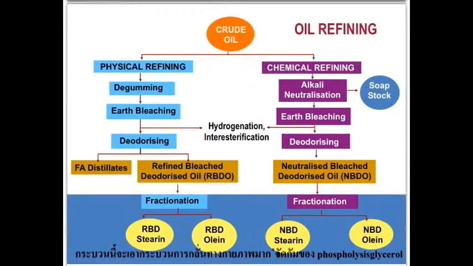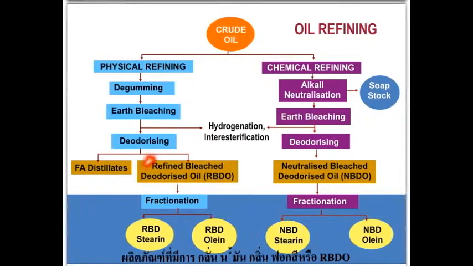So in physical refining, we need a step called degumming to remove the gums, the phosphoacylglycerol or phosphatides. Then the next step is the bleaching process to remove the pigment, and deodorization process. This is the high temperature steam distillation to remove the volatile fatty acid and reduce it to a very low level. So the product of the physical refining is called refined bleached deodorized oil, RBDO, and the byproduct is a free fatty acid distillate.